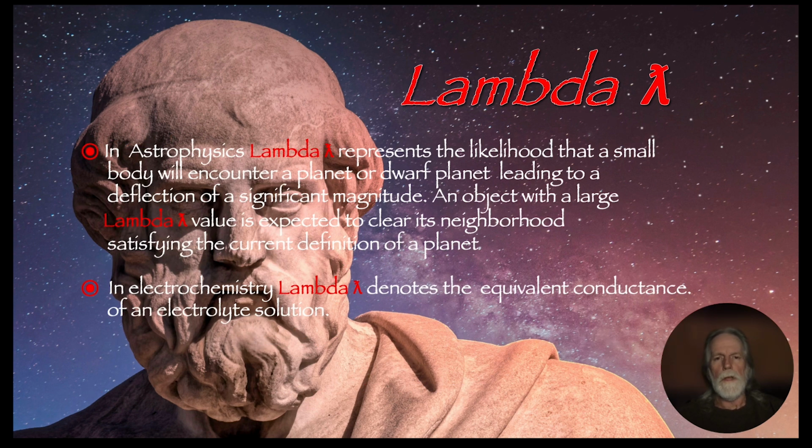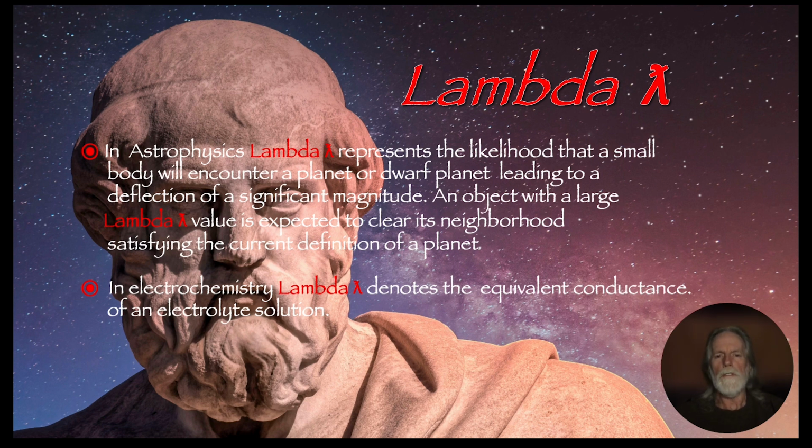In astrophysics, lambda represents the likelihood that a small body will encounter a planet or a dwarf planet, leading to a deflection of a significant magnitude. So an object with a large lambda value is expected to clear its neighborhood, satisfying the current definition of a planet.